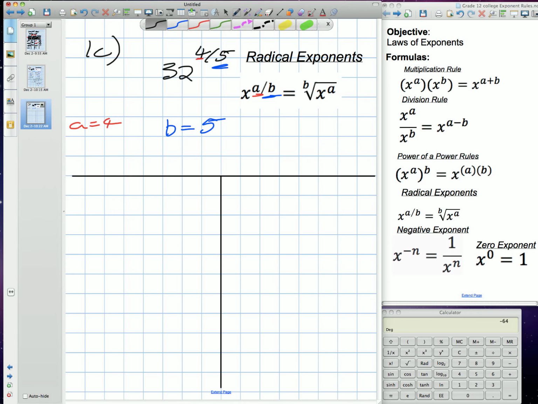Now, we can rearrange this, first of all, to be 32 to the power of what? 4, right? That's our A value. And what root are we looking for? The 5th root. Or this could be arranged to look like this. Still the exact same, but we'll do it in a different order. We'll still have 32. But this time I'll do the 5th root first.